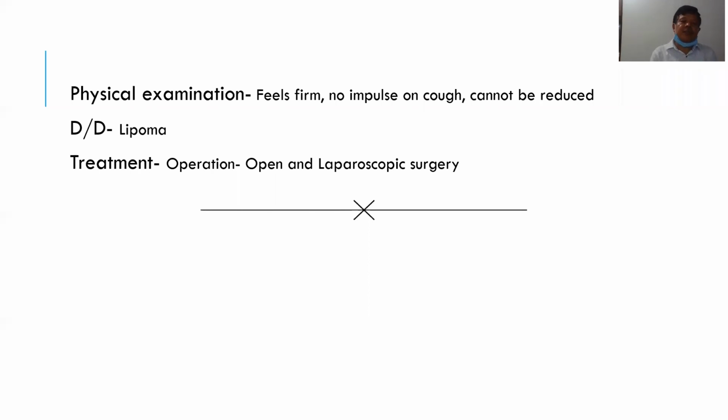The treatment here is the same: operation, open surgery. Open surgery again depends on size. If it is a small opening, less than 1 centimeter, it can be simply repaired with a figure-of-eight suture. If it is bigger, then Mayo's operation can be done with the help of double breasting.